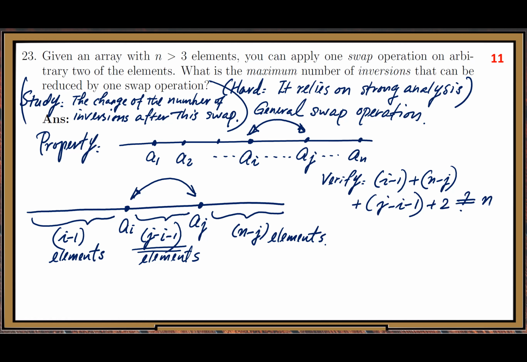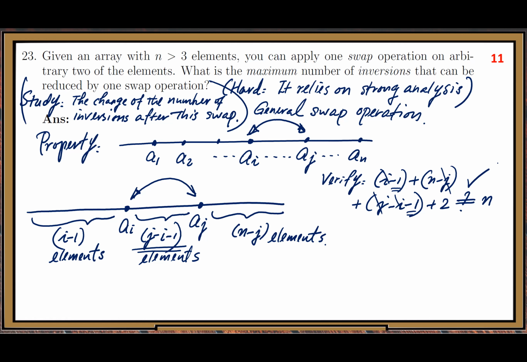I minus I cancels, j minus j cancels, minus 1 add 2 gives 0. So that's n: left hand side n, right hand side n. So it is correct, and after this verification we are convinced. The middle segment between AI and AJ, excluding these two elements, has this many.